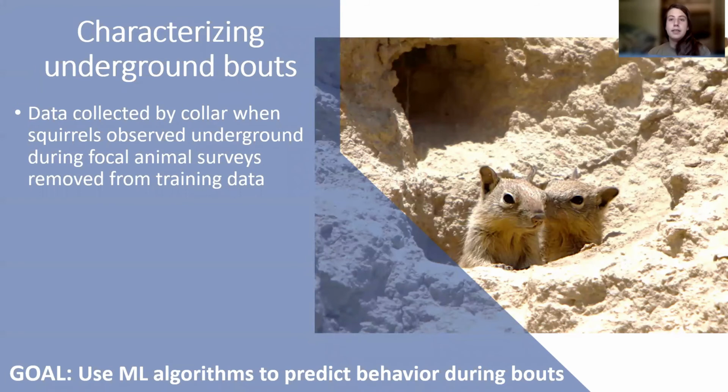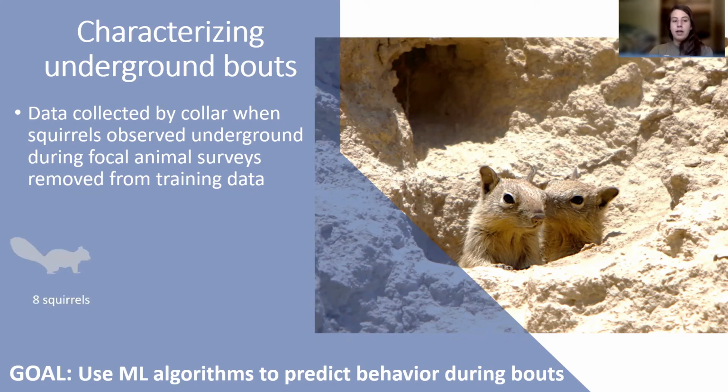So data collected by the collar while the squirrels were known to be underground. And during the focal surveys, each one of our individuals did go underground for some amount of time. So we were able to isolate those bouts of underground behavior, and we can use that as our unsupervised data.